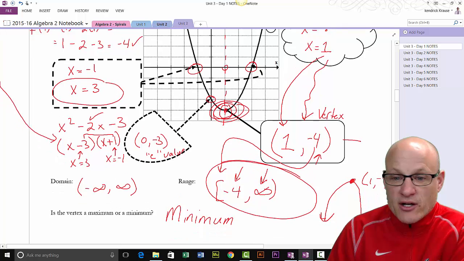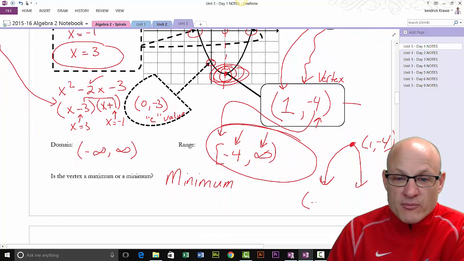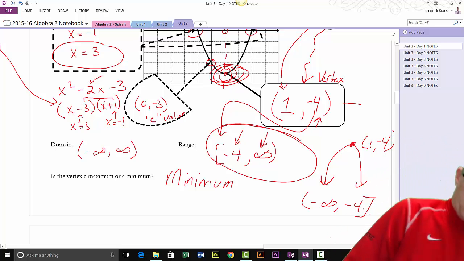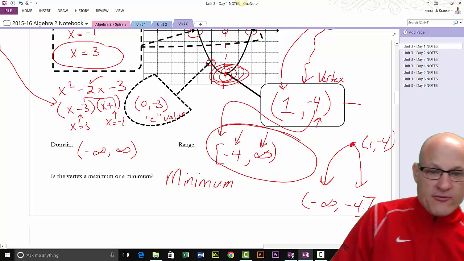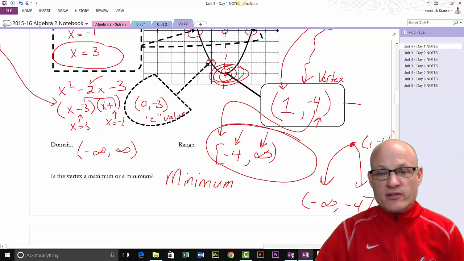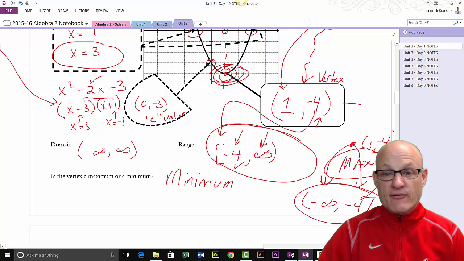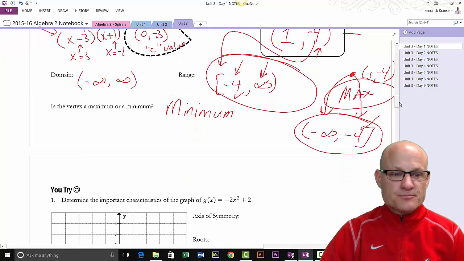So for this particular case, I would have to write from -infinity up to -4 and including -4. So that's not the case here, but I just wanted to make sure you understood that if in fact it's a maximum, the vertex value will be on the right, and if it's a minimum, it will be on the left because it's the smallest value.